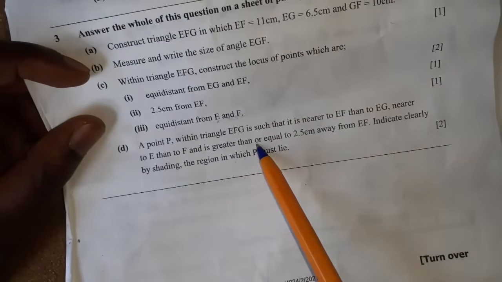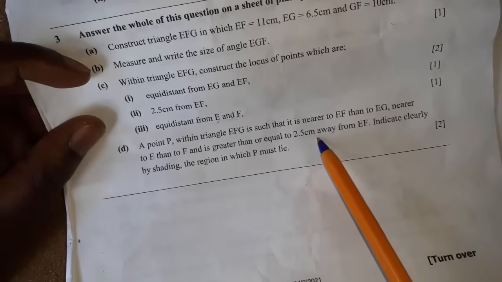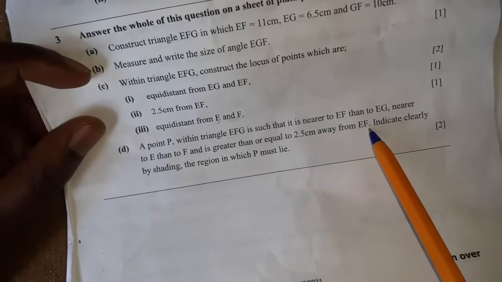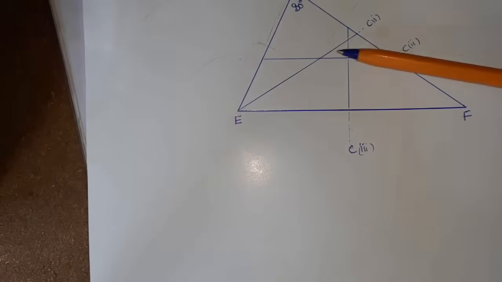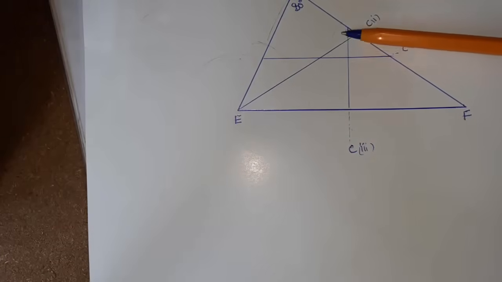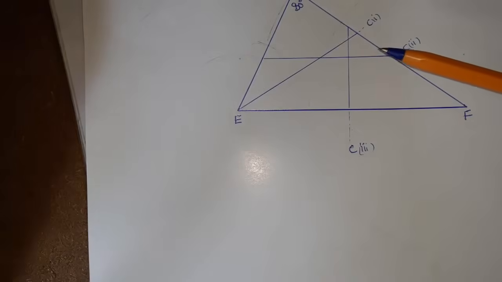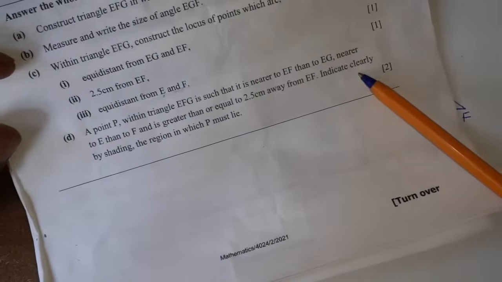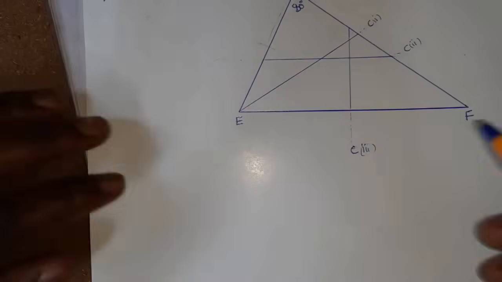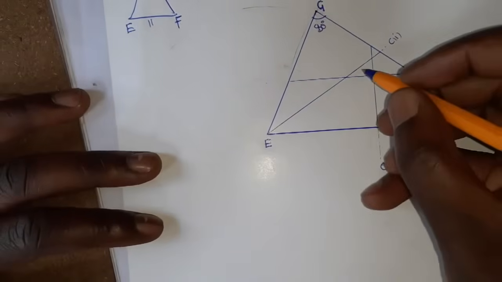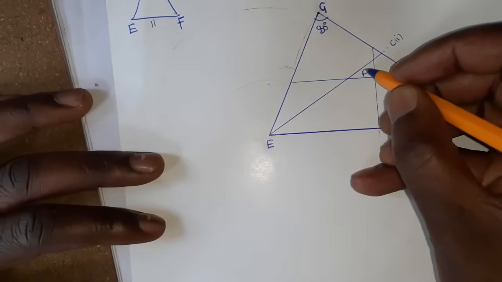And it's greater than or equal to 2.5 centimeters away from EF. So 2.5 is this one. So greater than means on top, on this part. So indicate clearly by shading the region in which P must lie. You will discover that the region is going to be this one.